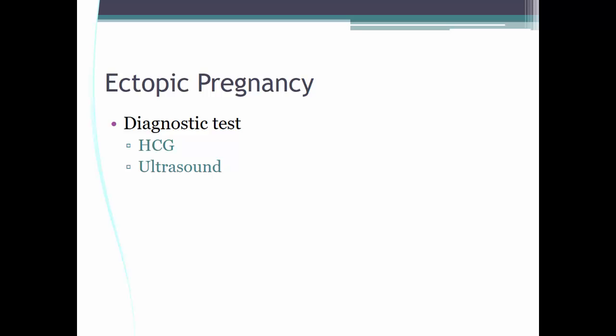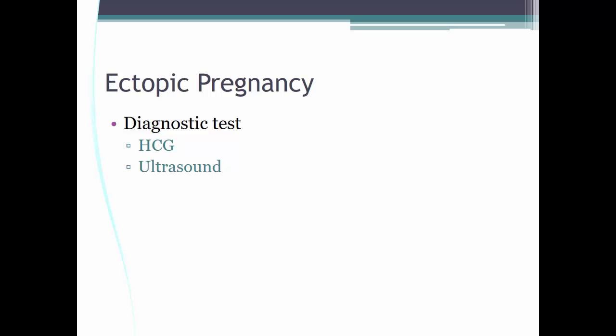These are 99% sensitive. If the urine test is negative and there are clinical findings that suggest ectopic pregnancy, further evaluation should be done. If it's negative and clinical findings do not strongly suggest ectopic pregnancy, then further evaluation is unnecessary unless symptoms recur or worsen.